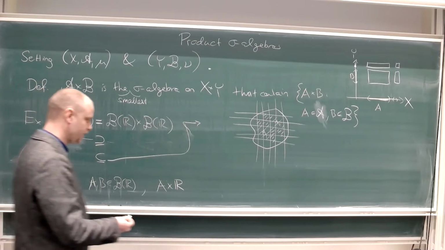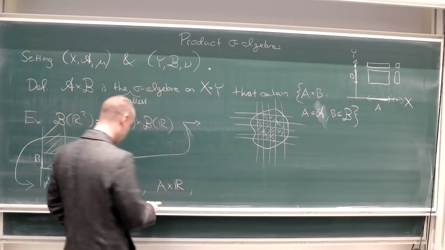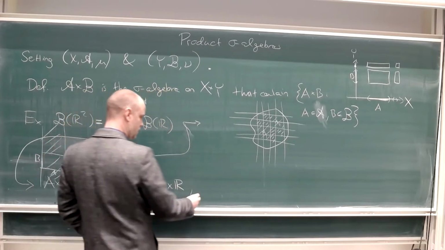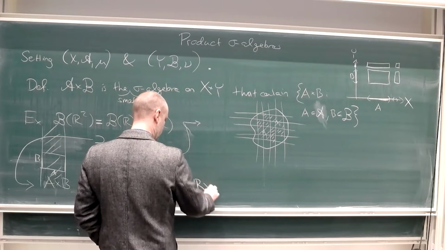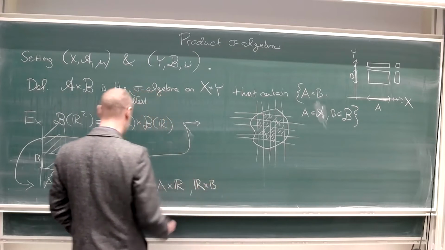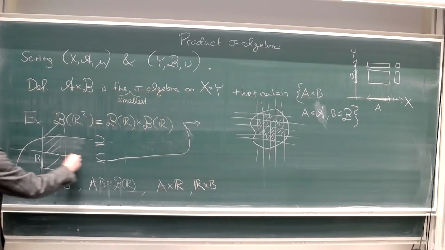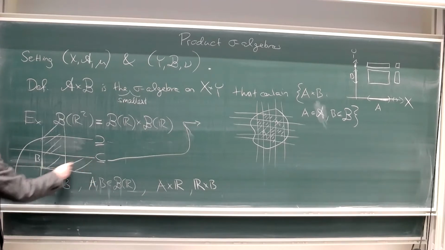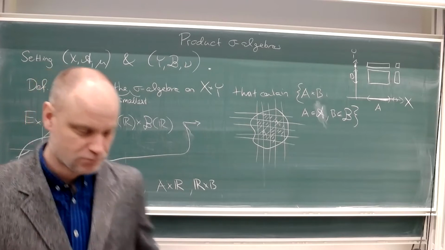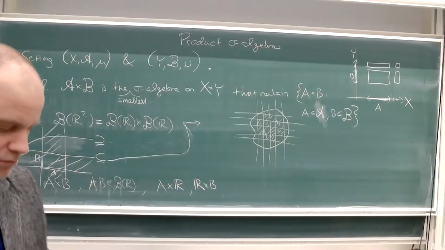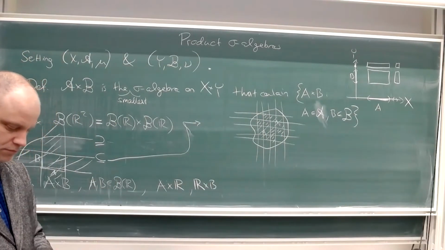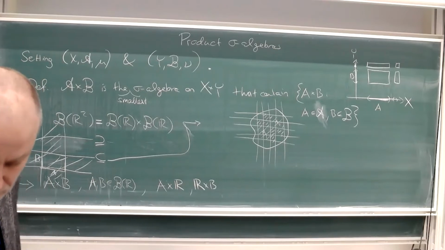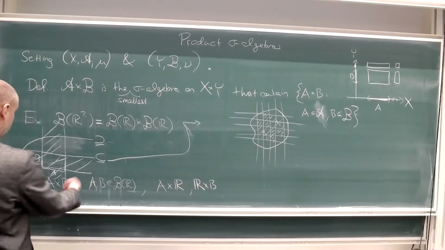But then I can do the same. If I'm able to prove that this is inside, then I can also prove by analogy that R times B is inside, which would be this set, okay? And now you see it, right?